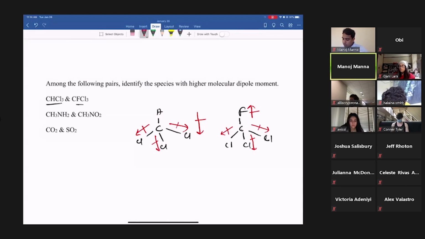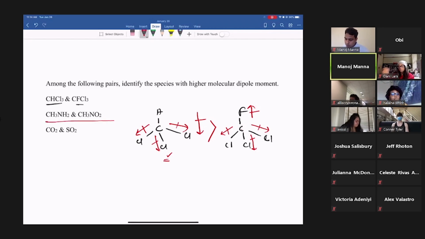That means the higher dipole moment should be over this molecule, chloroform, because 3 atoms are pulling electrons in this direction, so you have a dipole moment. But here 3 are pulling in one direction, but there is another electronegative atom, fluorine, pulling electrons in that direction. That means somehow neutralizing some amount of force. So this will have a higher dipole moment than that one.